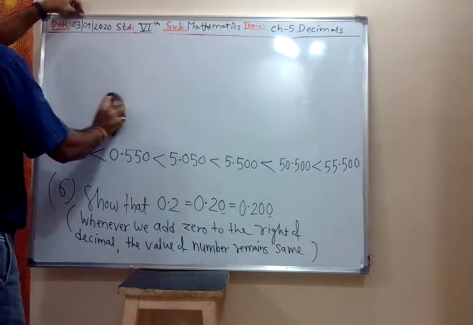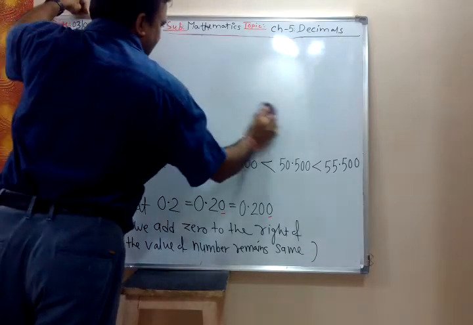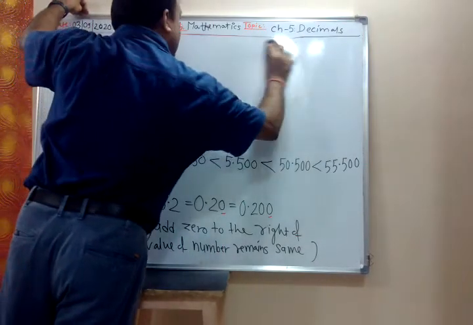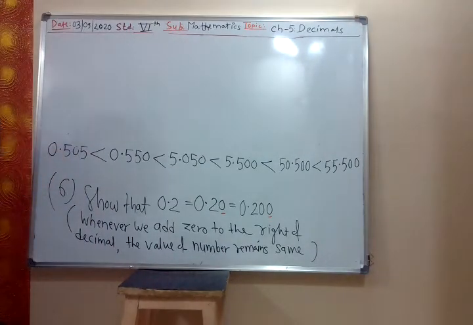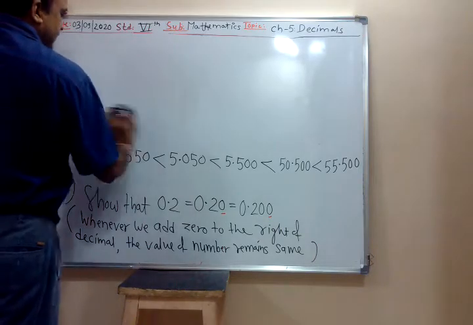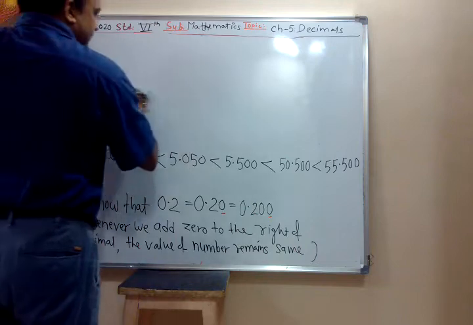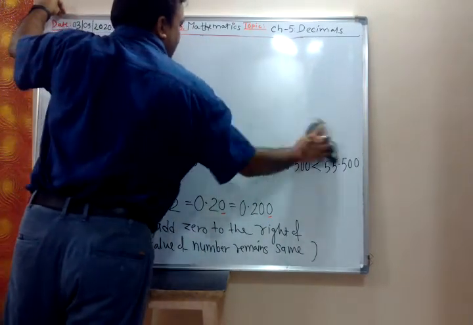It means you can add as many 0s as you like, but where? To the right of the decimal. If you add any number of 0s to the right of the decimal, the value of the number remains same.